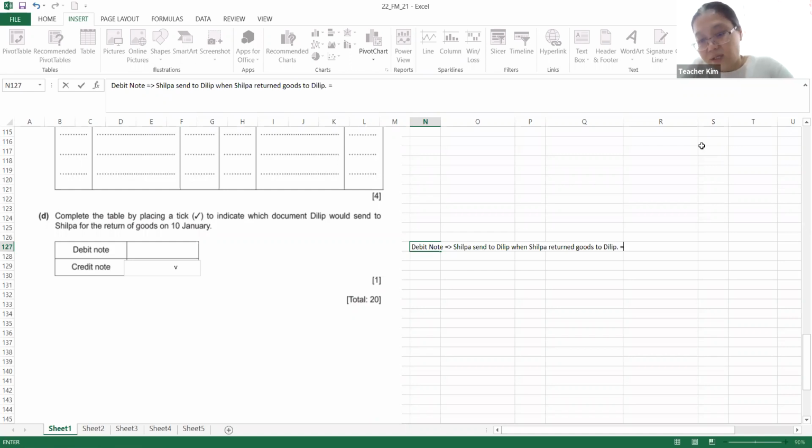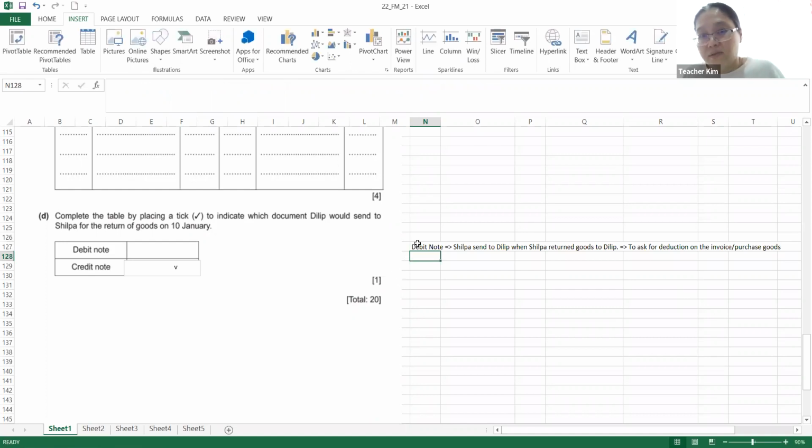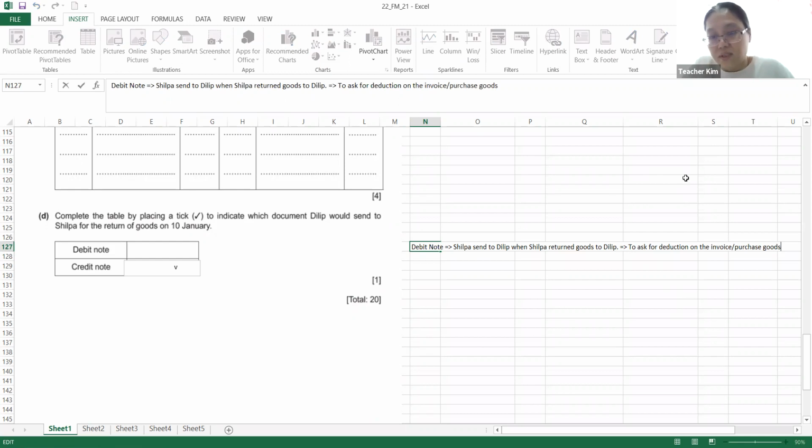The purpose of it is to ask for a deduction on the invoice or purchase of goods.